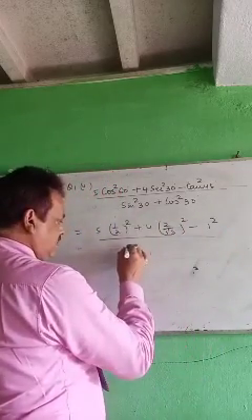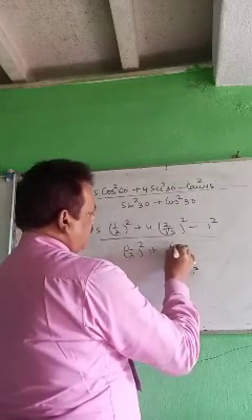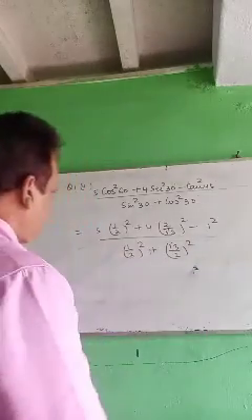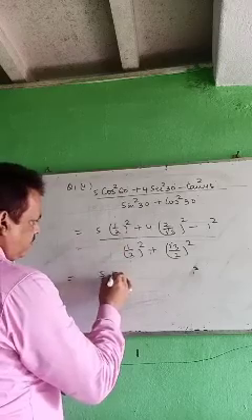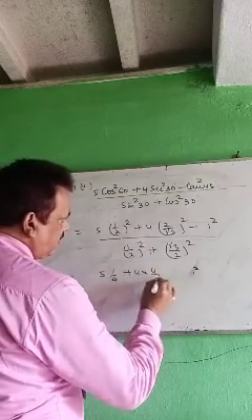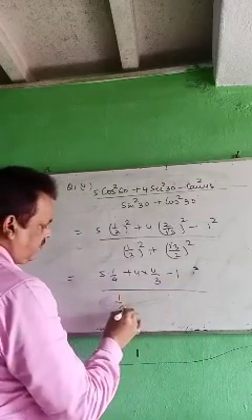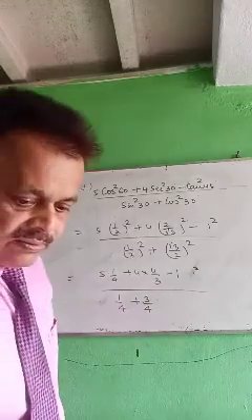Sin 30 is 1 by 2 square, cos 30 is root 3 by 2 square. Only you have to simplify. So 5 into 1 by 4 plus 4 into 4 by 3 minus 1, divided by 1 by 4 plus 3 by 4. So how much you will get?